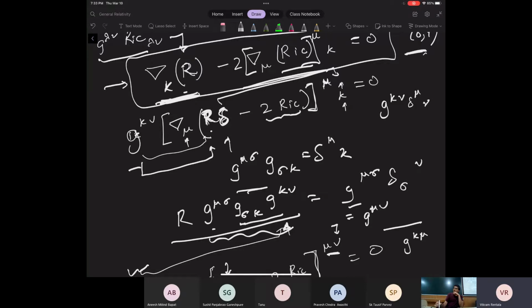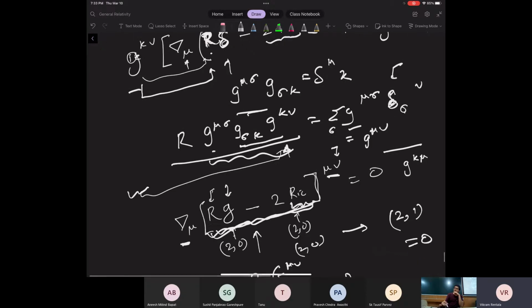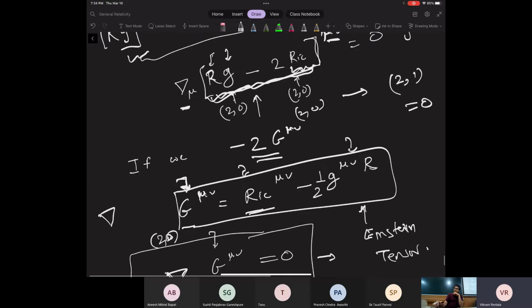This is a Kronecker delta, so whenever sigma and nu are the same, it sets sigma to be identical to nu when I sum over sigma. So at the end what I just get is R times G mu nu, and that is the thing that I'm differentiating, which is a type 2-0 tensor. And so I first differentiate, then I put the indices. Okay, and we understand what that means, right?